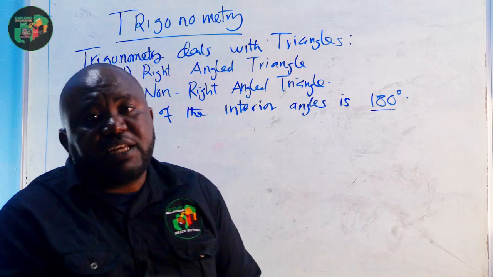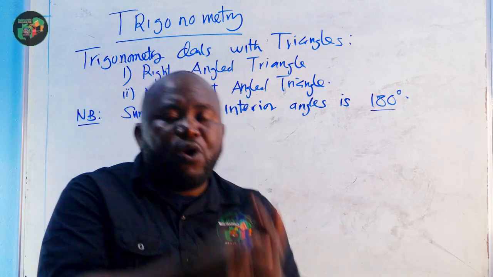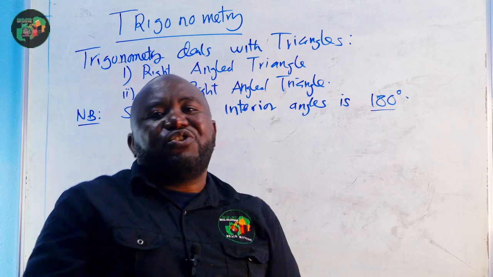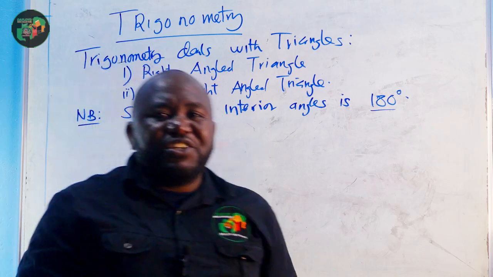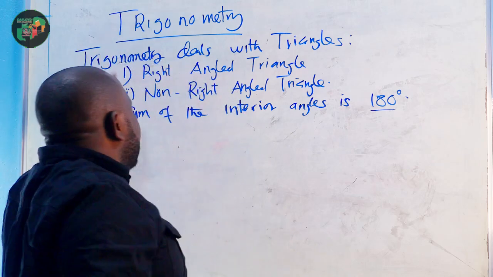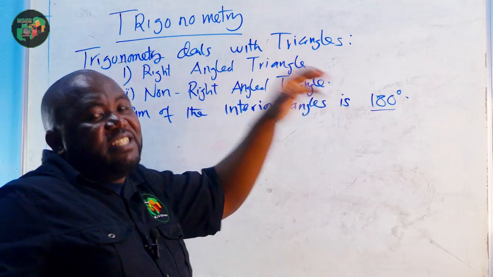There should be 6. Let's start again. Right angle triangle, acute angle triangle, obtuse angle triangle, equilateral triangle, scalene triangle, and isosceles triangle. We are not interested in all these. In trig, we just summarize them as a right angle triangle and a non-right angle triangle.